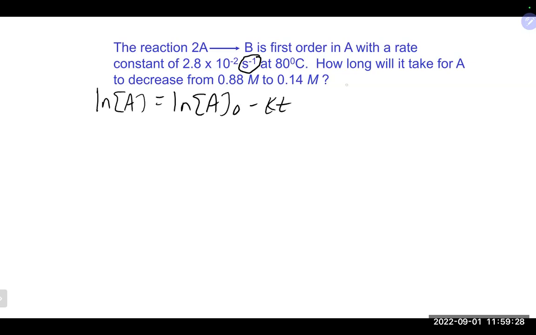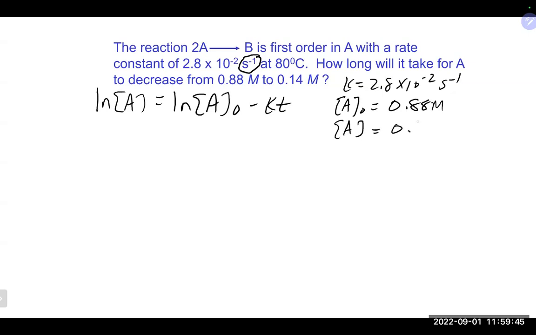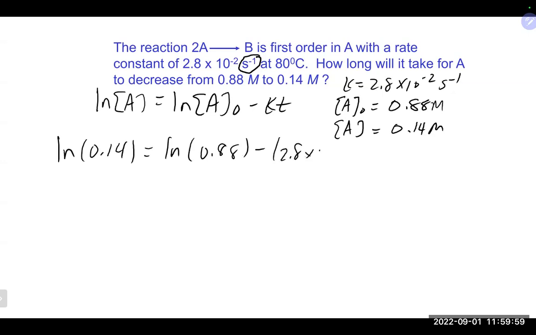Here, the rate constant is 2.8 times 10 to the minus 2 reciprocal seconds. Our initial concentration here is going to be 0.88 molar. Our final concentration here is going to be 0.14 molar. So we're going to pop those in there. That's going to give us the natural log of 0.14 equals the natural log of 0.88 minus 2.8 times 10 to the minus 2 reciprocal seconds times time.